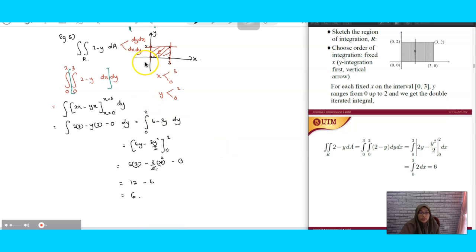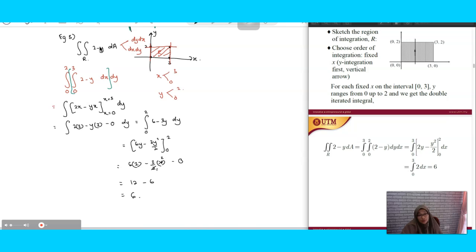Maybe you might wonder, how can I know whether I am supposed to use dy dx or dx dy? For this particular example, you can do both orders of integration. But sometimes, if you are given another integrand, it's quite complicated to integrate, for example, with respect to x.